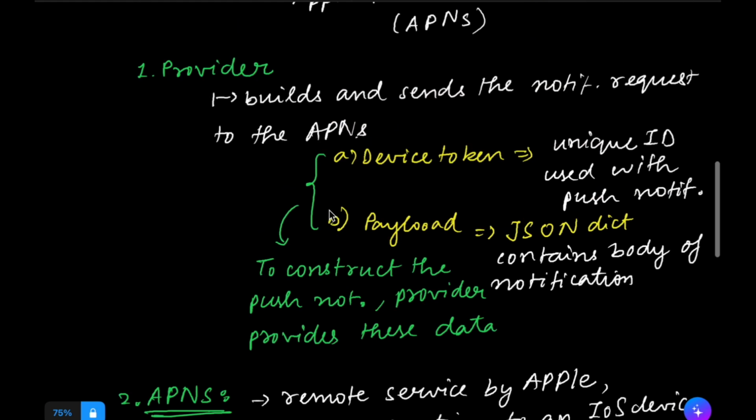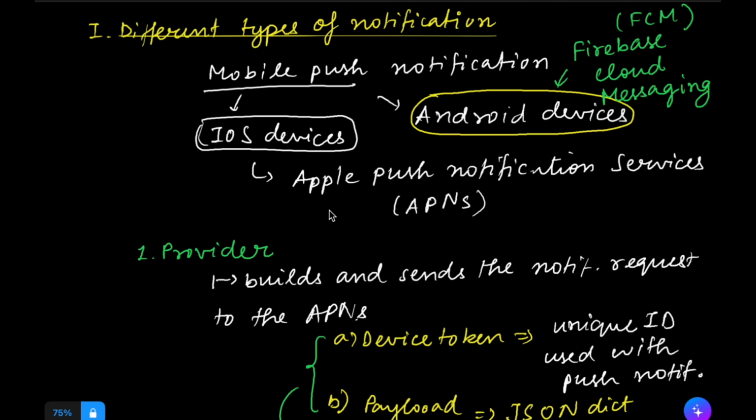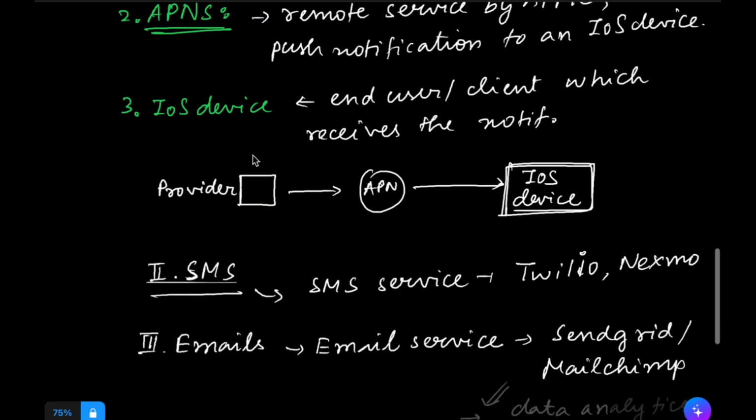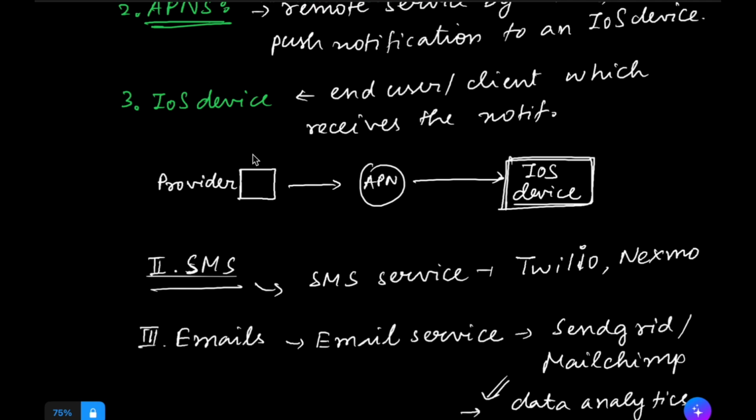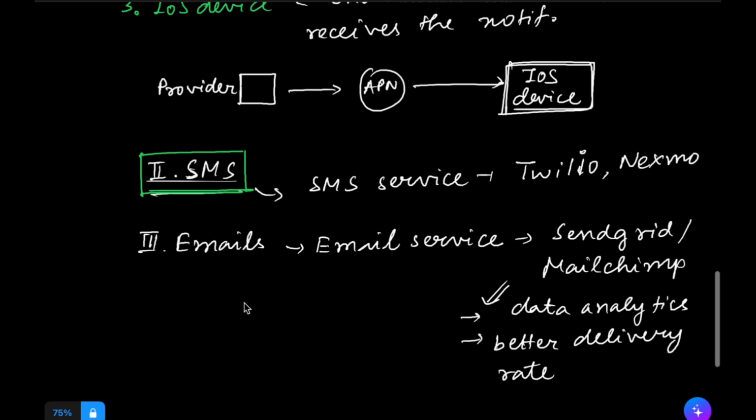One, we have mobile push notification, for which we have both iOS and Android devices. Second, we have SMS. For SMS the flow is similar, except we have a third party SMS service provider, such as Twilio or Nexmo. And the third type is email notification, for which we also have third party email service providers, SendGrid or MailChimp.